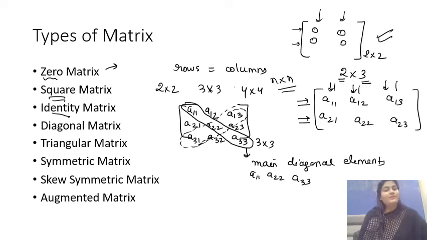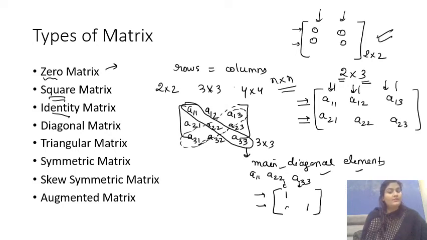So when you have to mention an identity matrix, how will you identify it? All the main diagonal elements should be unity, should be 1, and the rest of all the elements should be 0. That means if I have to mention the identity matrix of order 2, that means 2 rows and 2 columns, then how will I write it? The main diagonal elements should be 1, and the rest of the elements should be 0, correct?